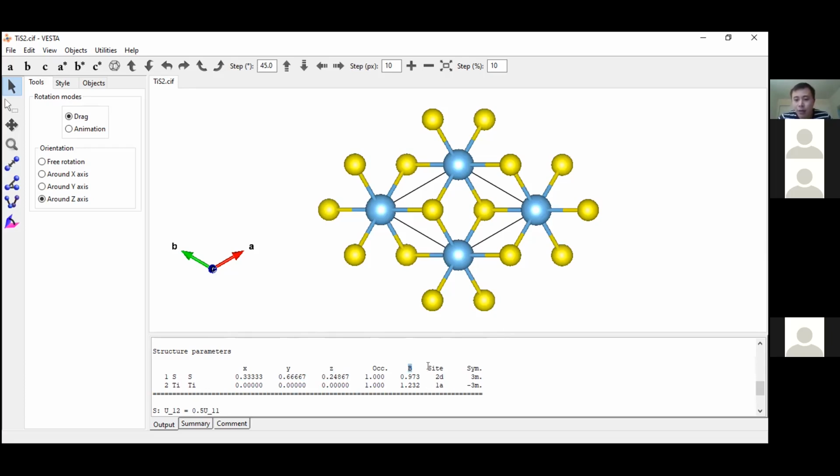Okay, this site is a Wyckoff site. We probably have already covered this in the previous lectures. This is basically telling us the multiplicity of this site.